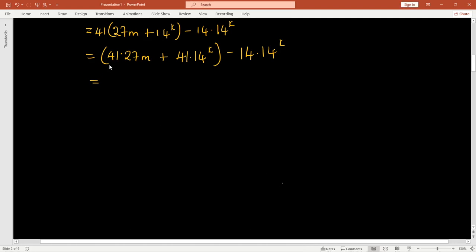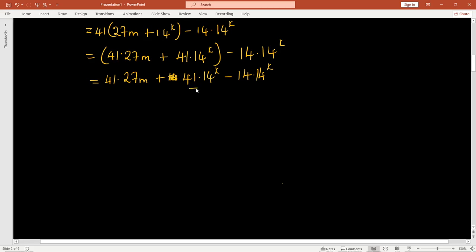So now we have 41 multiplied by 27m plus 41 times 14 to the power k minus 14 times 14 to the power k.